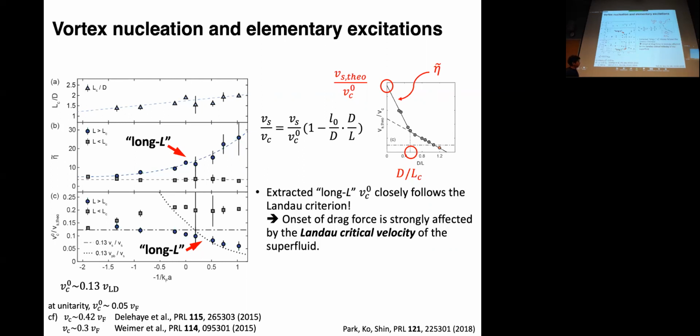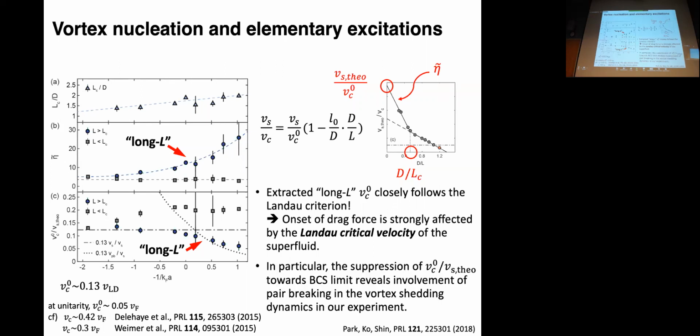What this tells us is that in the long L branch, the onset of drag force that's generating these vortices is rather strongly affected by the Landau critical velocity of the superfluid. In particular, on the BCS side of things, it seems like pair-breaking excitations are somehow finding a way to play a role in the vortex shedding dynamics.